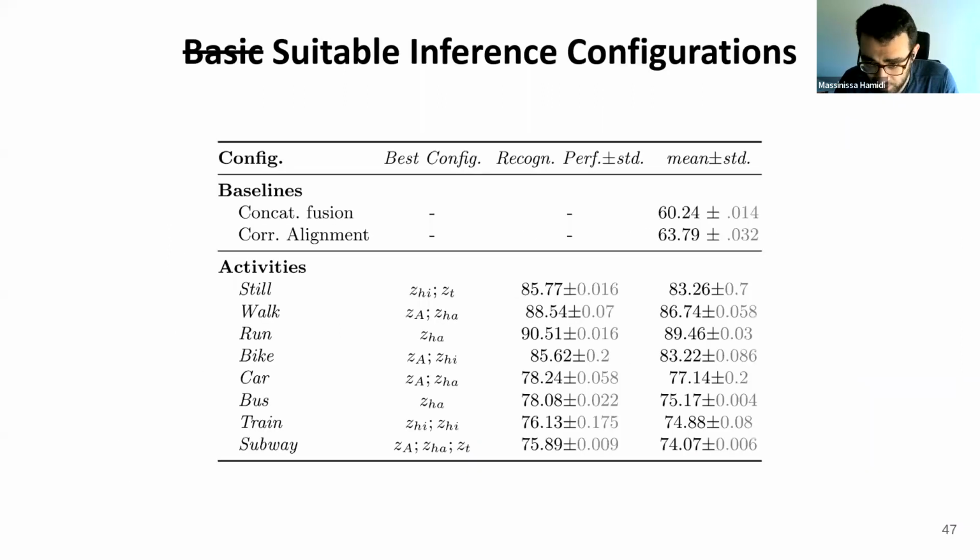Here, what we tried is, rather than using basic inference configurations, so ZA alone or position-specific components alone, we combine different positions: specific components of different positions, and the universal components. For example, here we can see illustrated the results obtained with other combinations of inference than those previously used.